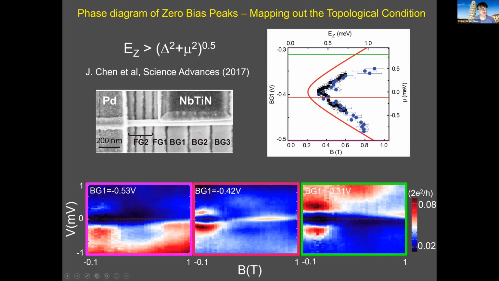But the point is, to the right of all these dots, it's all zero bias peaks. It is a region in space with zero bias peaks. So that's what I was talking about, zero bias peak being confined to a certain range. You want to see such a region in parameter space that makes sense in terms of Zeeman energy, induced gap, chemical potential, that corresponds to some kind of Majorana model.